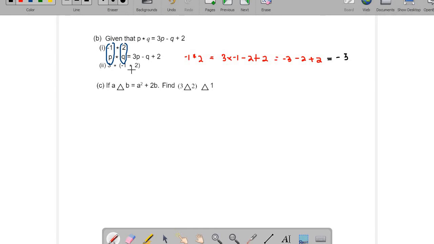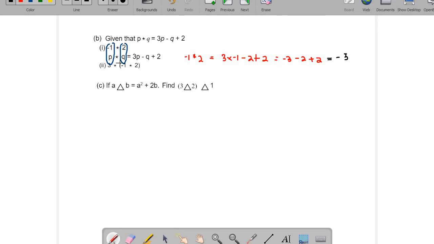Okay, next question. We have a pair of brackets. When you have a pair of brackets in your binary operation, you're going to work out what is in the brackets first. After you work out what is in the brackets, you notice that we already know the value that we should get.